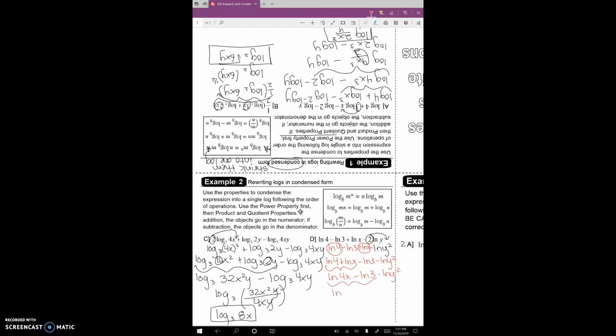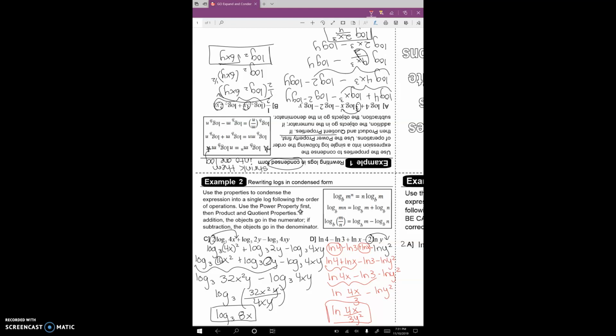So then this would become this. And then that divides once again, which means the y squared goes to the bottom. And that is my final answer, because I can't simplify anything else. And I've brought it all into one natural log.